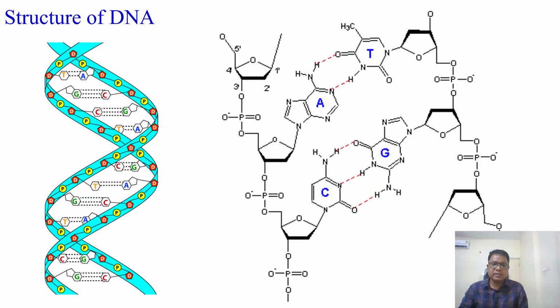So now, what is the overall structure of DNA? Deoxyribonucleic acid. You can see two strands coil around each other, and through hydrogen bonding interactions between the bases present in the two different polynucleotide strands, it gives a helical structure. This is one chain, this is another chain, and the hydrogen bonds forming between the different nucleobases give a helical structure.